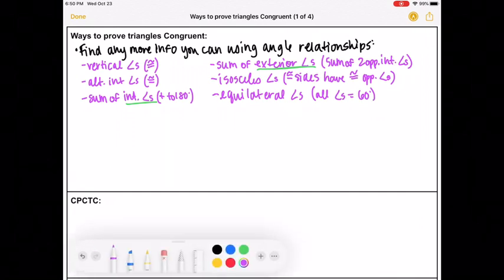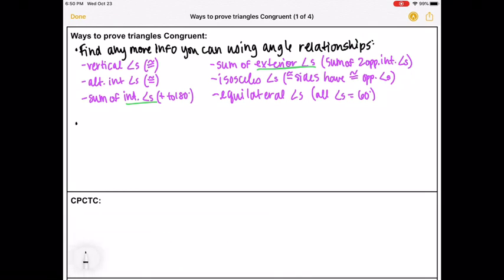All right, now once you've found any missing information that might be helpful to you, from there use one of those congruence statements that we talked about last time.